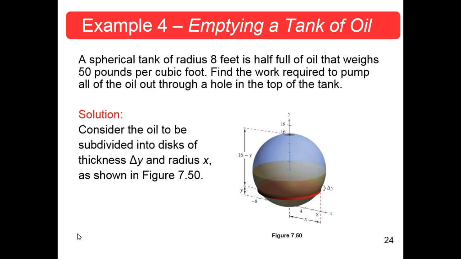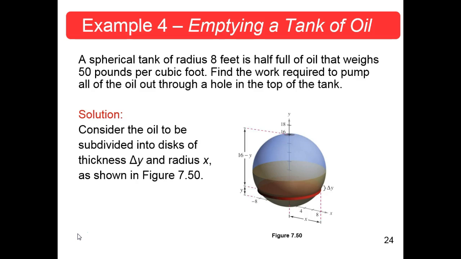Now, how far are you pumping the oil? Since you put your y equals 0 at the bottom, this strip is y units from the bottom, but you're pumping it out of a hole at the top, so how far are you pumping? 16 minus y. That's how far you're pumping this little cylinder of oil.